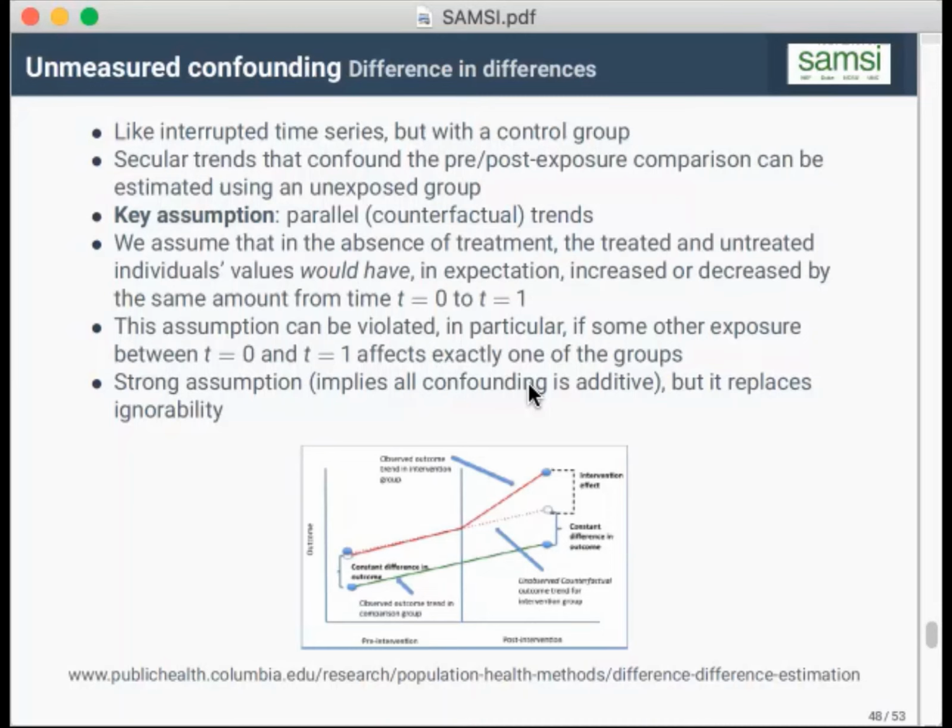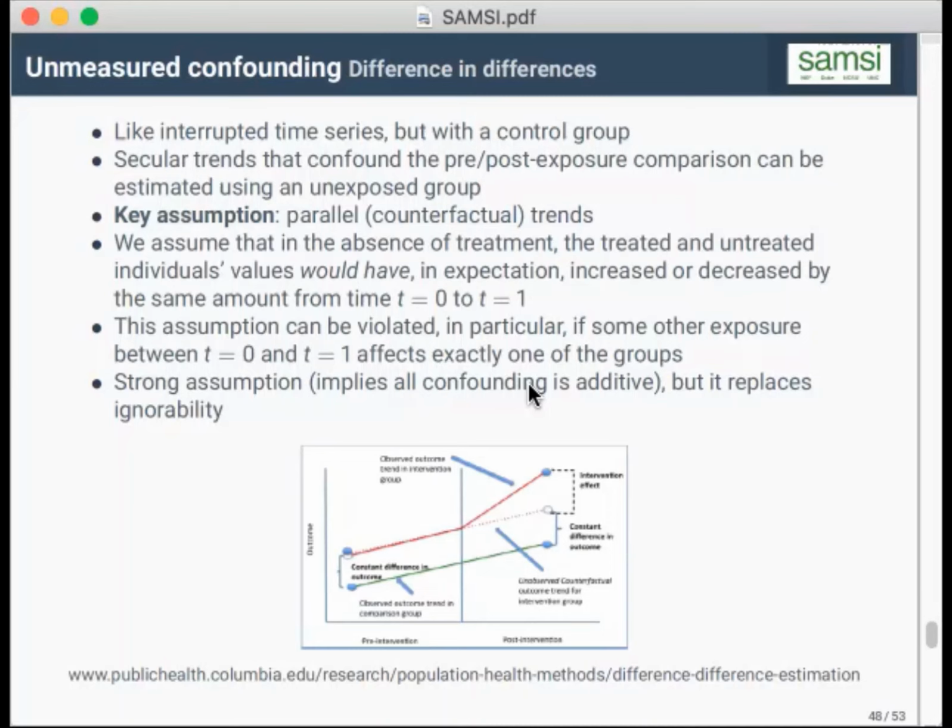In particular, it implies that all confounding is additive. But this assumption replaces the assumption of ignorability, because essentially we're going to be able to estimate the shape of the confounding curve using the control group and subtract it off from the treated group, the effect that we see in the treated group, which could possibly be confounded.